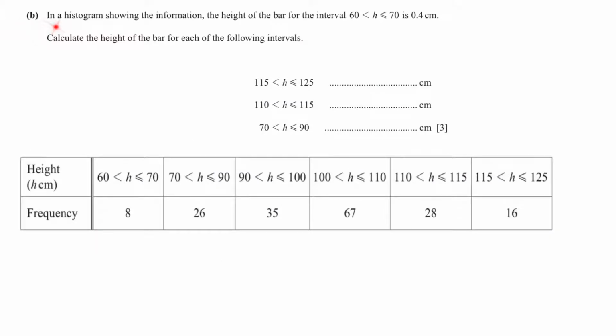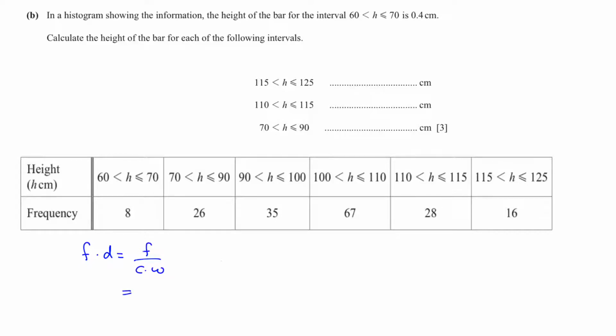In part B, in a histogram showing the information, the height of the bar for the interval 60 to 70 is 0.4 centimeter. Calculate the height of the bar for each of the following intervals. To find the height of the bar, we have to use a formula. Frequency density is equal to frequency over class width. Frequency density is your height of the bar.